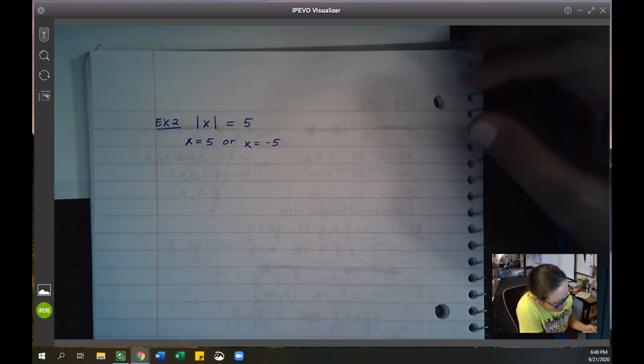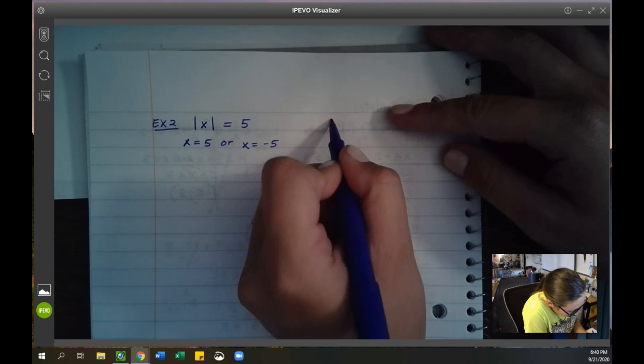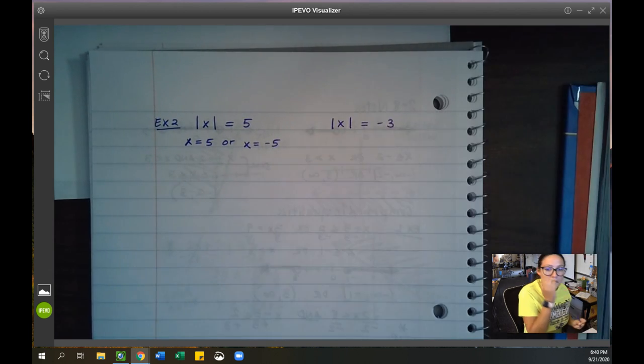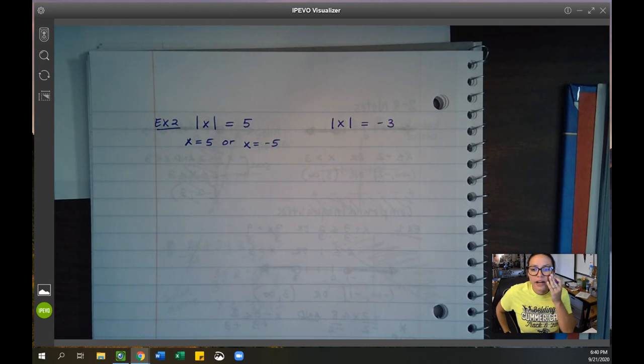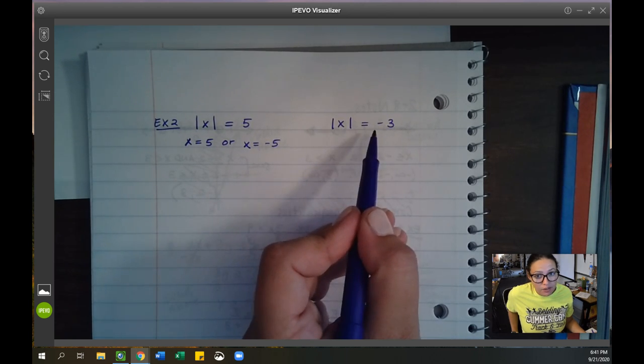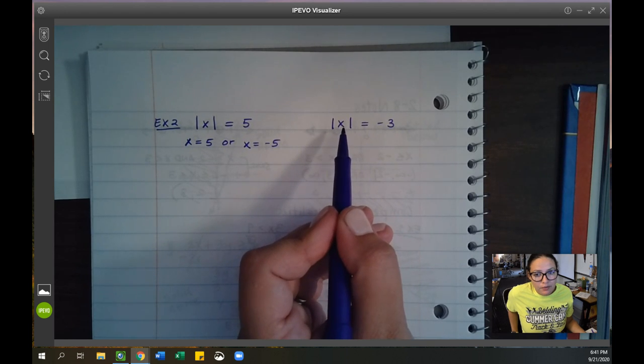Okay? Let's try this one. Absolute value of x equals negative 3. Now, you might be thinking 3 and negative 3, but I want you to actually think about it. If x is 3, what's the absolute value of 3? Not negative 3, it's 3. How about if I put a negative 3 in here?